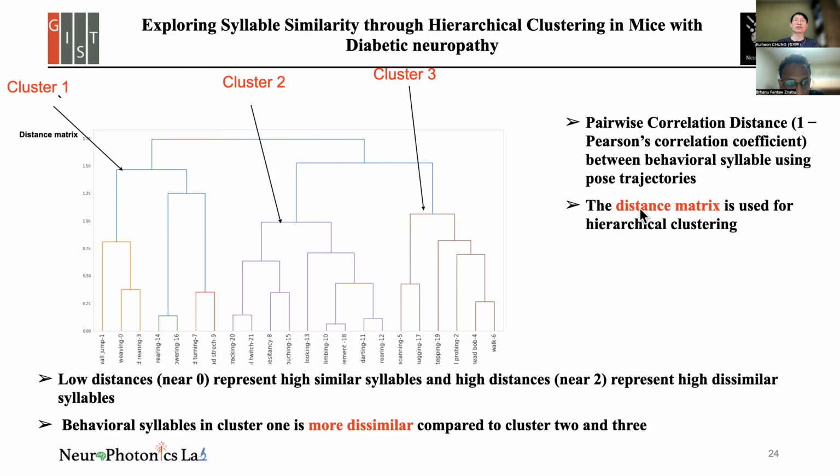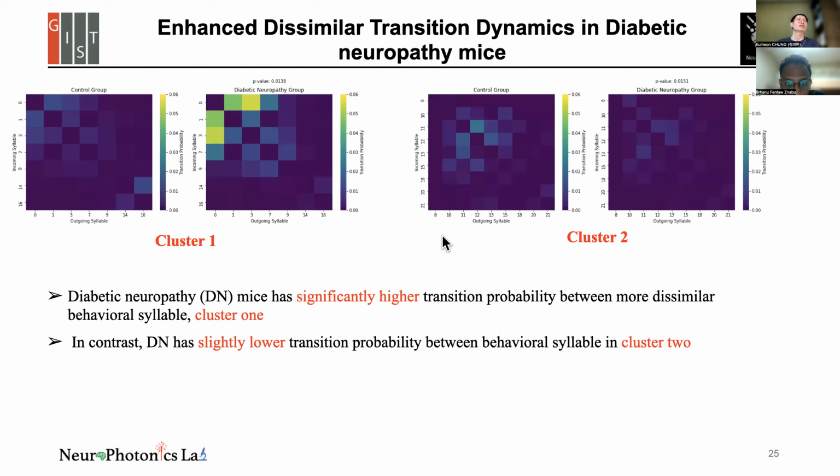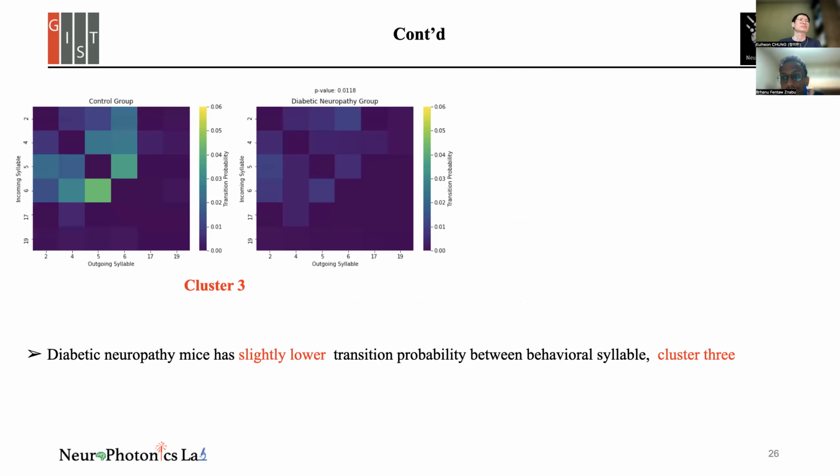Explain what the distance matrix is, and in the end, cluster 1, 2, the higher cluster 1, 2. What are the numbers? I don't see the numbers. I used the scale bar. Where? The scale bar here. I didn't put the numbers inside the matrix. I removed them and put the scale bar.